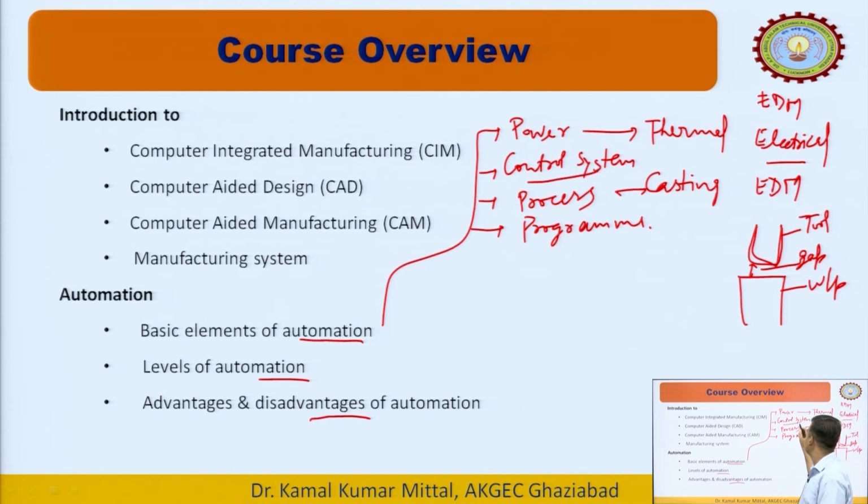Then comes the control system. Control system is of two types: feedback control system and second is the open loop system.